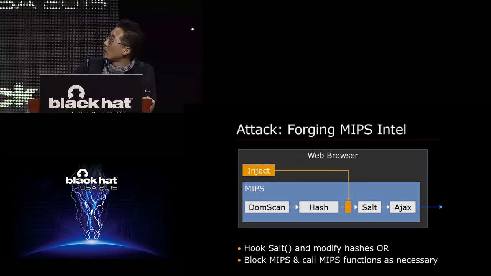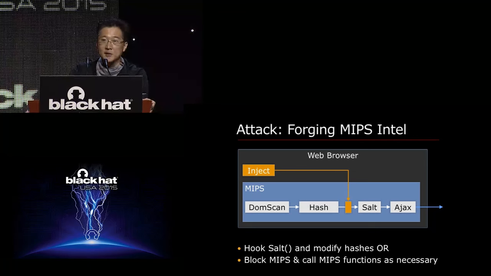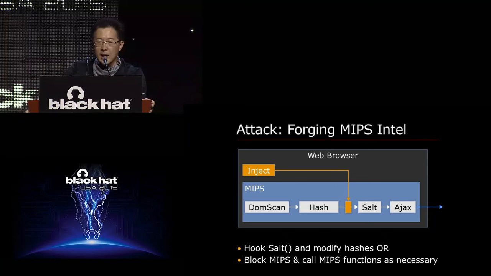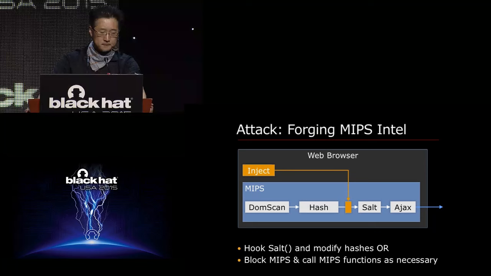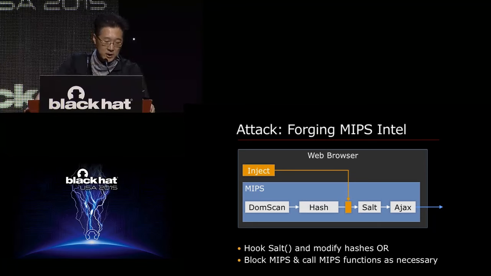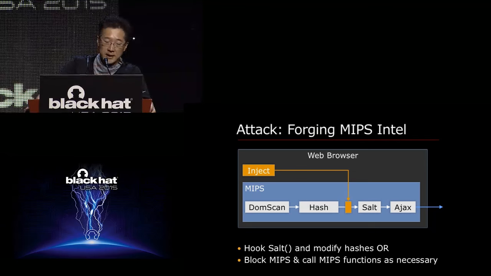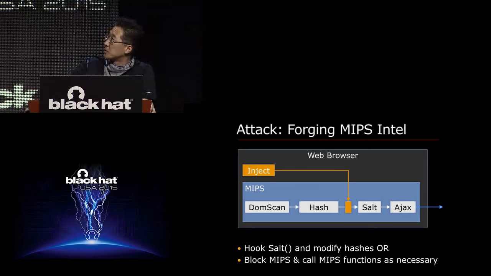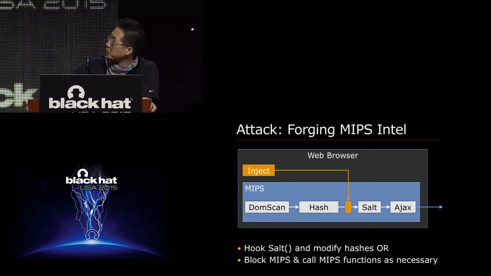As I mentioned before, the whole MIPS code is open to the attacker. It's kind of open source. So what the attackers can do is insert their own code between the functions that MIPS has. In this example, the attacker embeds itself between the hash function and the sort function.